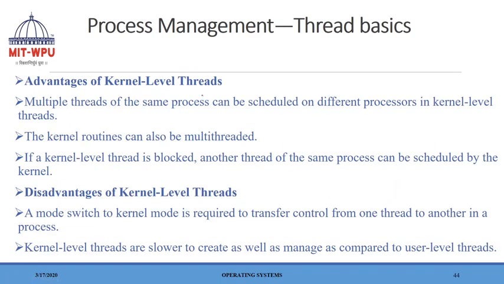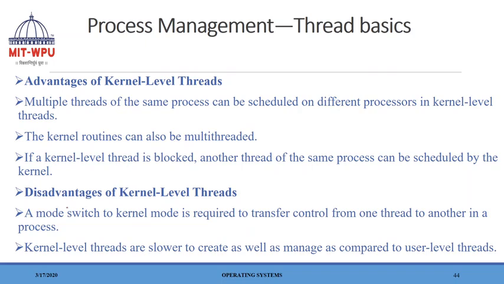Advantages of kernel level threads: multiple threads of the same process can be scheduled on different processors. Kernel level routines can also be multi-threaded. If a kernel level thread is blocked, another thread of the same process can be scheduled by the kernel. As all these threads are managed by an operating system on multiple processors, these kernel level threads can be scheduled by an operating system.